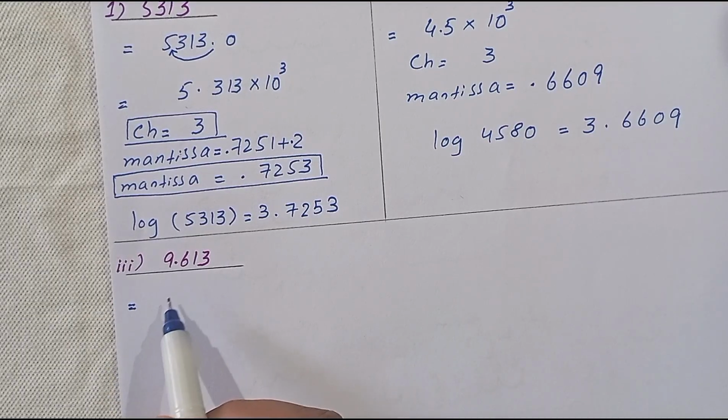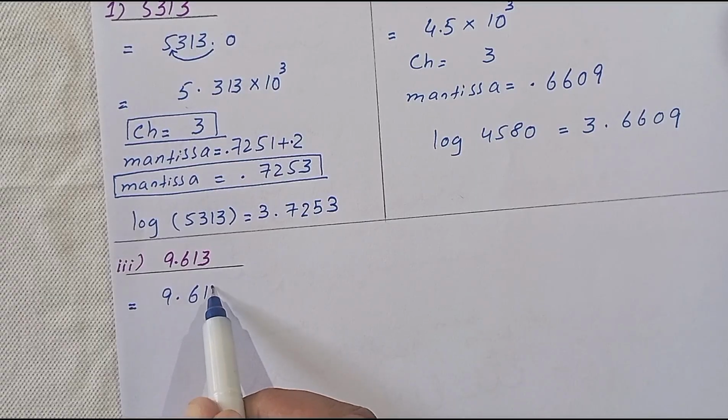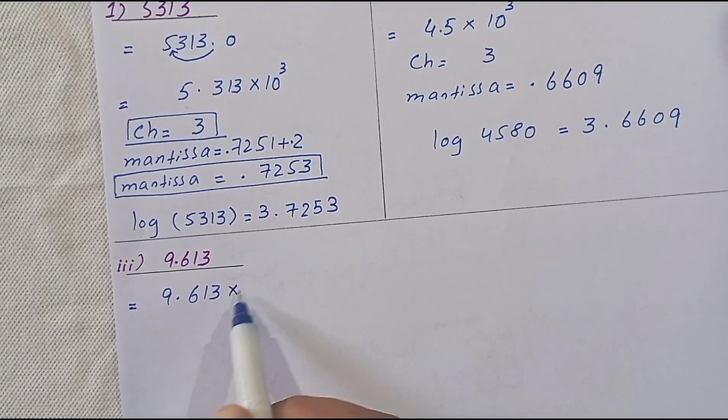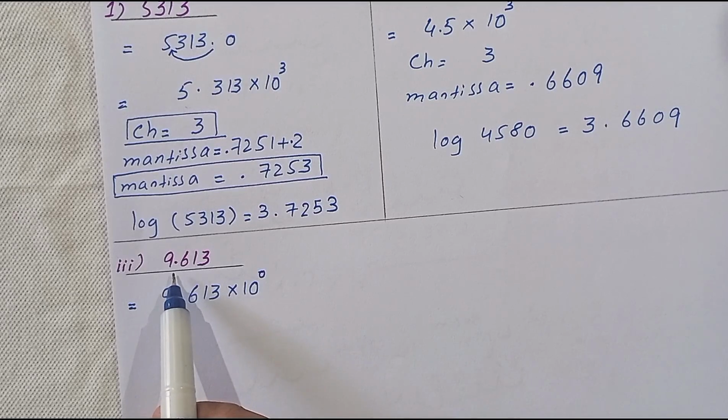For example, in scientific notation, we write 9.613 multiplied by 10 to the power of 0, because the decimal is already after a non-zero number.